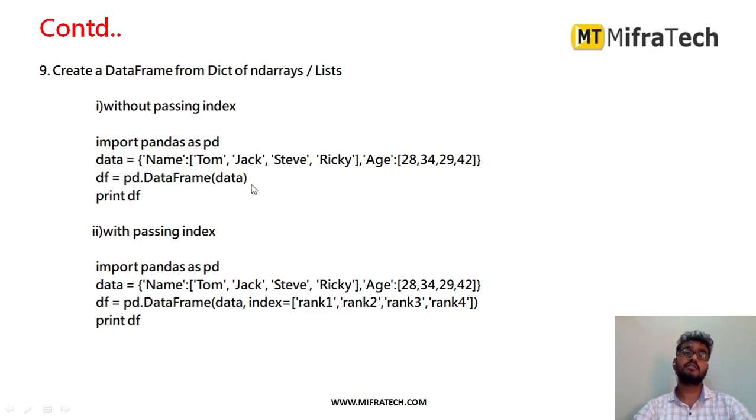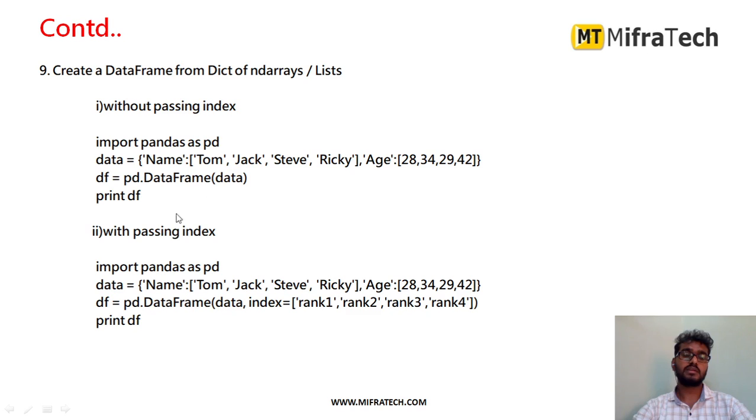The pd.DataFrame with the dictionary as parameter will give us the data frame. Here the dictionary contains n-dimensional arrays, but we are creating a data frame by using this dictionary. When we print this data frame, we are going to get name in one column and age in another column, like a data frame visualization, with two-dimensional rows and columns.